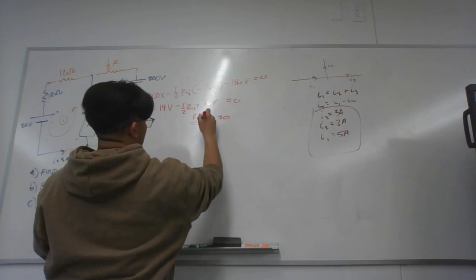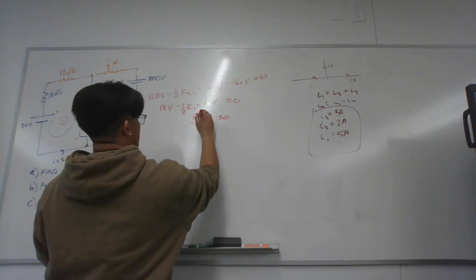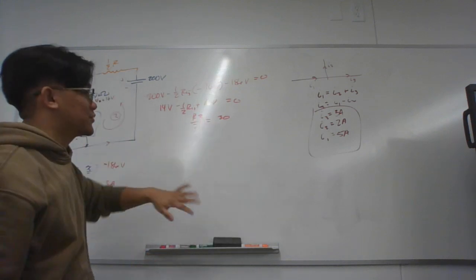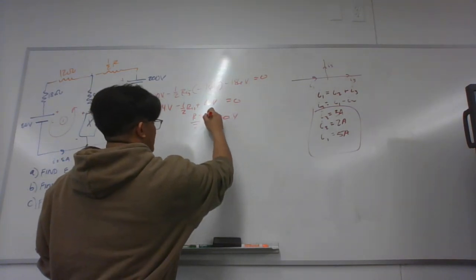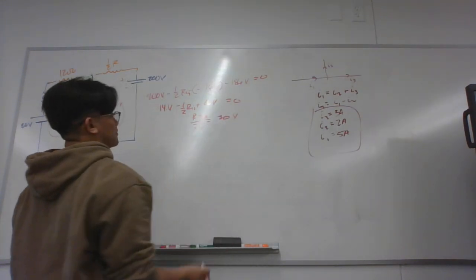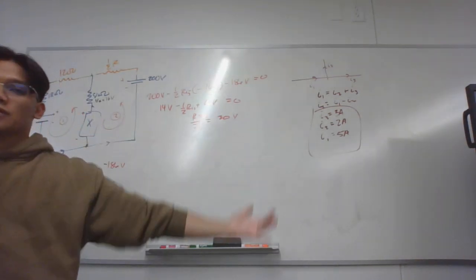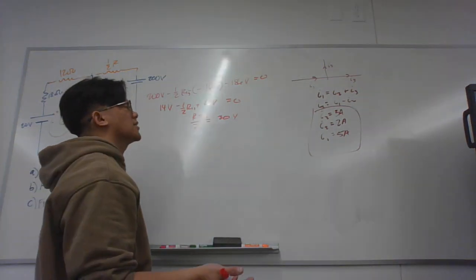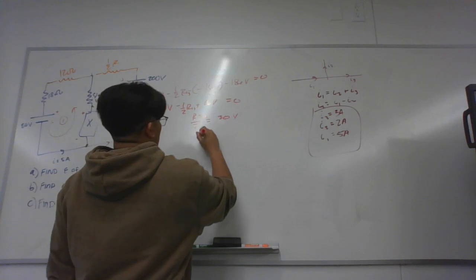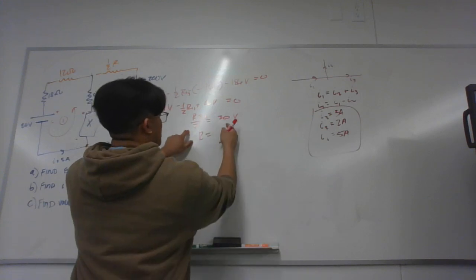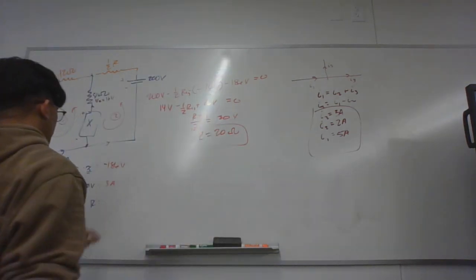I3 is 3. So R times I3 over 2. Okay, so that way we can just write this into volts. This is in amps, and volts over amps should give us ohms. Because V equals IR, R is equal to V over I, volts over amps. Okay, cool. So we can just solve for R here. 2 times 30 is 60 divided by 3 is 20. So R is equal to 20 ohms.